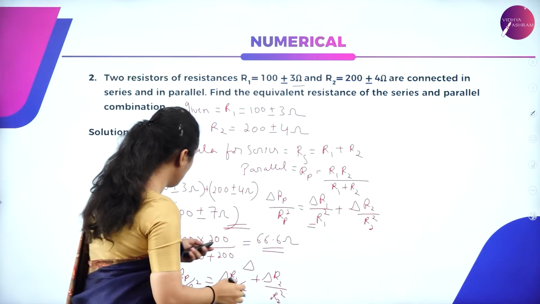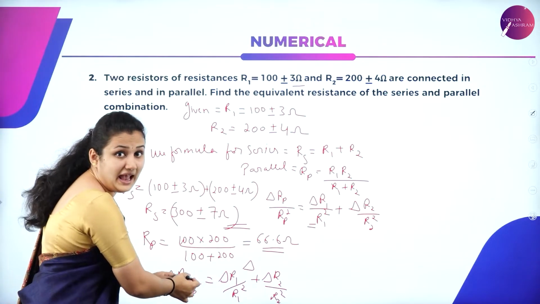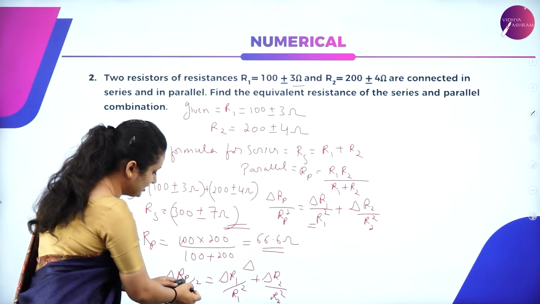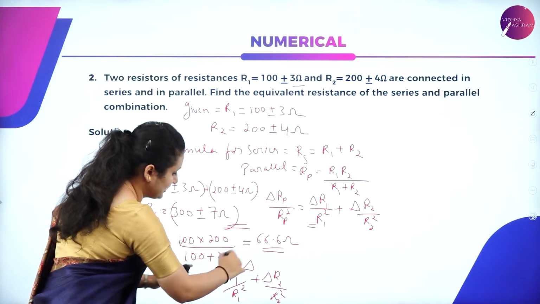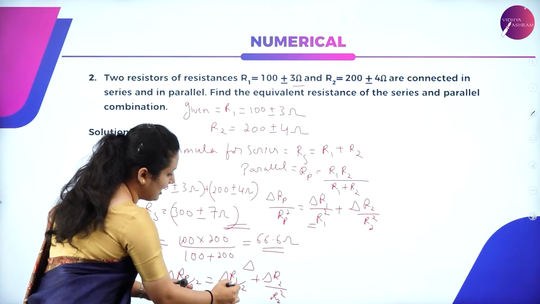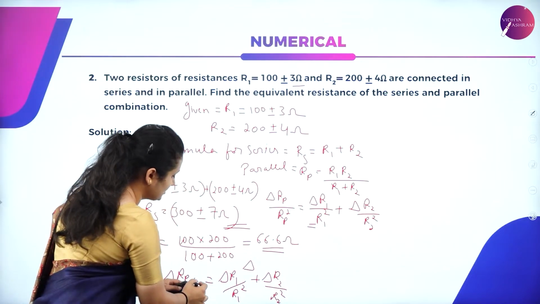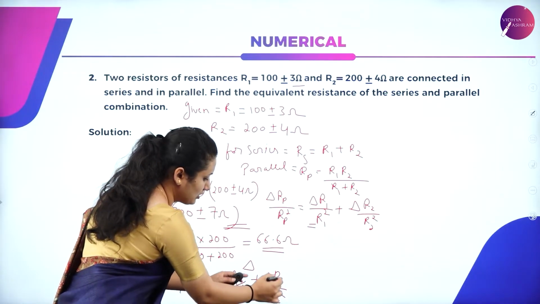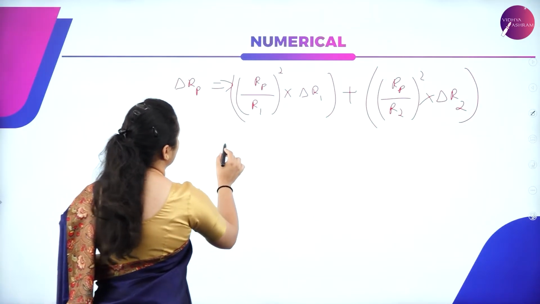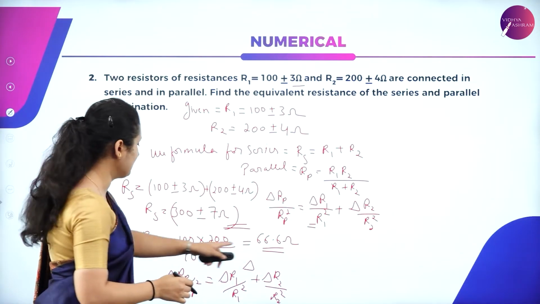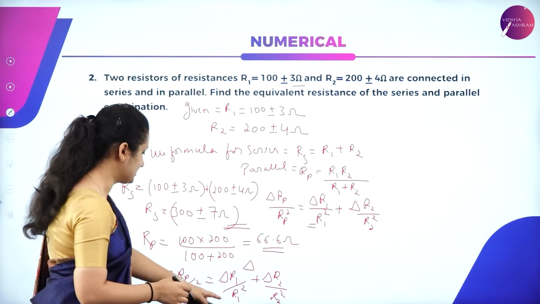You can see here, I want delta Rp, error in parallel combination. So I'll send the numerator term to RHS. So Rp by R1 whole square into delta R1. Here again delta Rp square will go that side. Rp by R2 whole square into delta R2. Now what will you calculate here? What is the value? Rp we have got 66.6. What is R1?